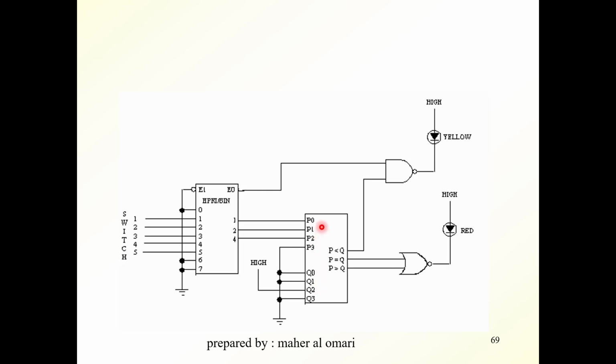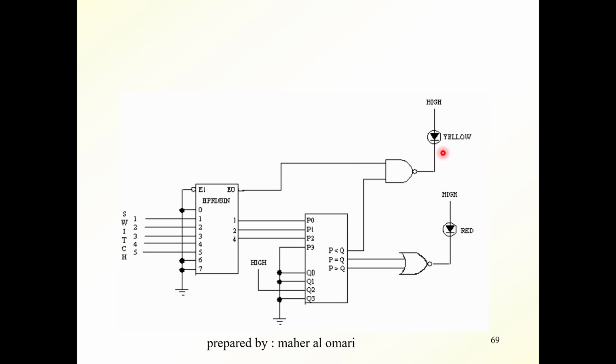If switch 1 or 2 or 3 is switched, that means P here is less than Q, which means this output will go out. And if this output goes to the NAND gate here, E0 is equal to 1, which means the output of the NAND gate is 0.